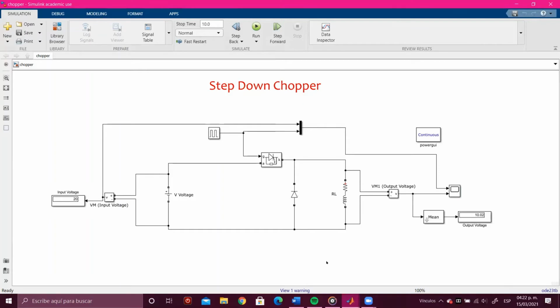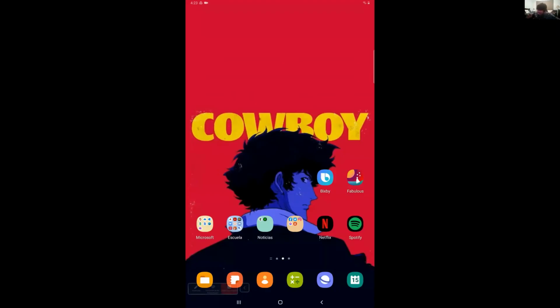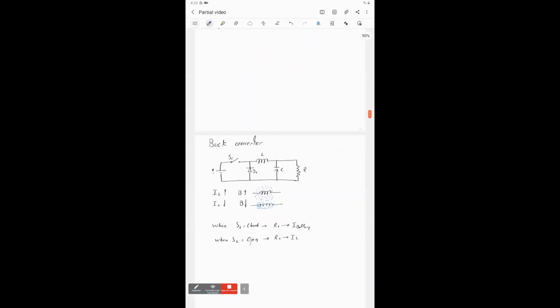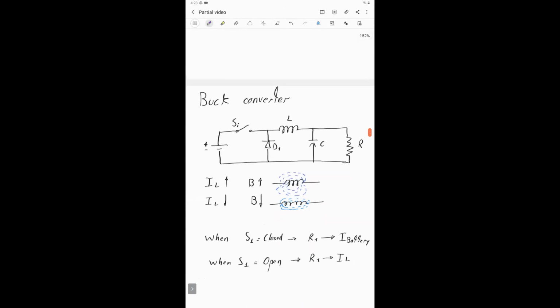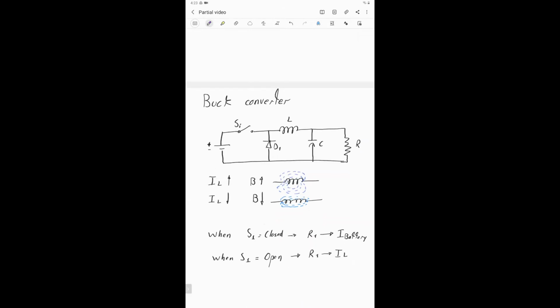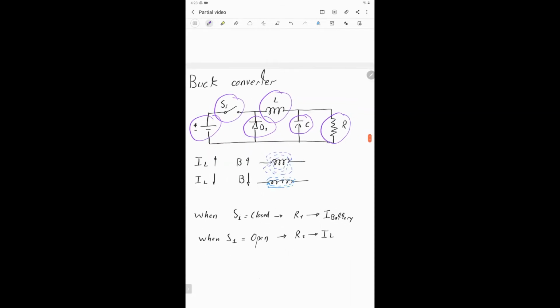So what happens now with a boost converter? I'm going to show it immediately. So we have here the boost converter. We have the same components: Vs, a switch, an inductor, a diode, a load, and we also have a capacitor. When the switch is closed, or when the system is being powered by the source, the current in the load will tend to be the same as the current delivered by the battery.